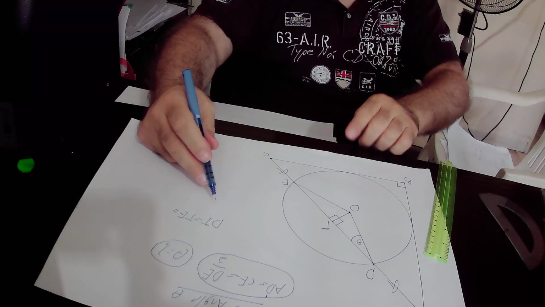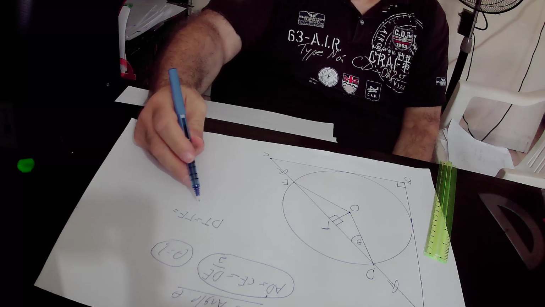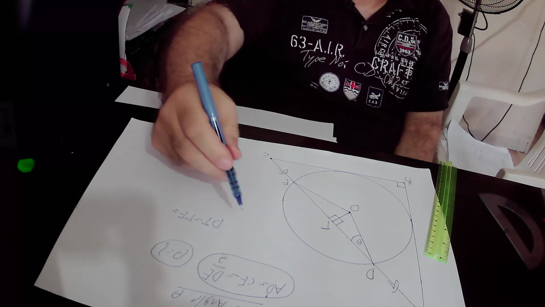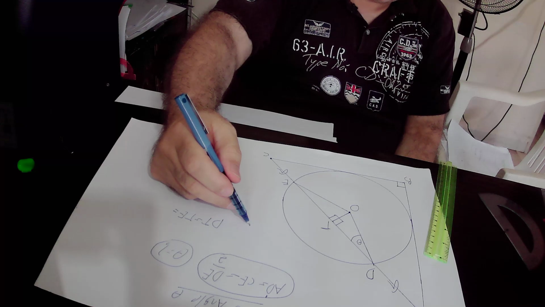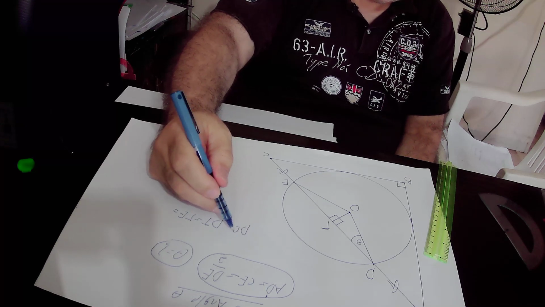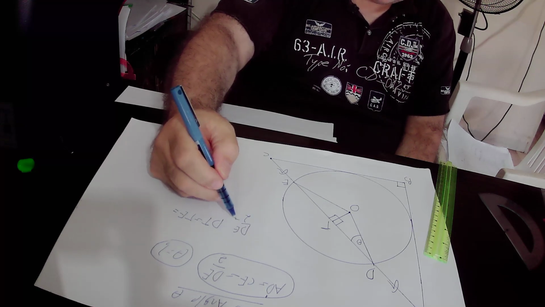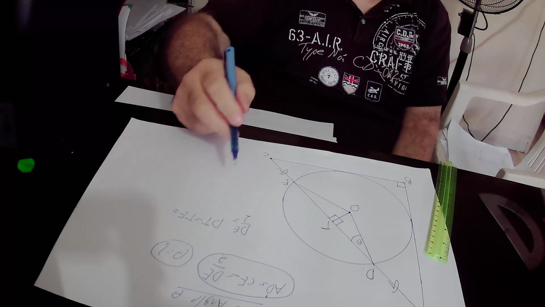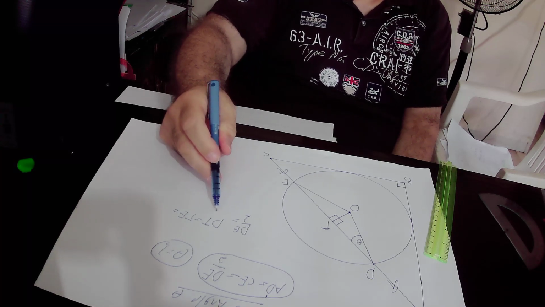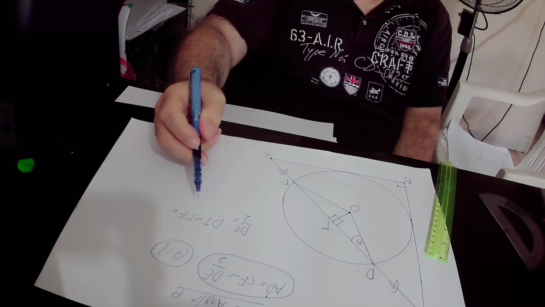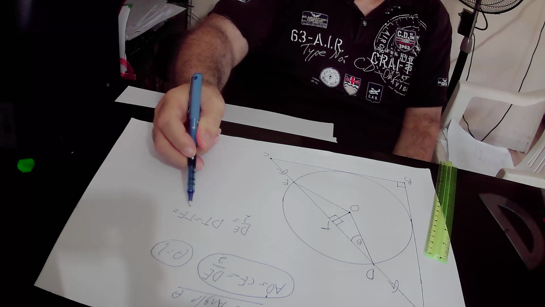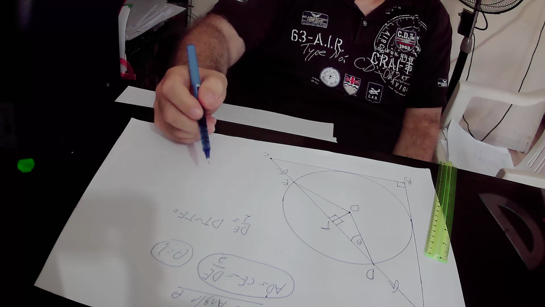So each half equals, here DE over 2 is equal to DT, that is the first half, and the second half of DE is TE.